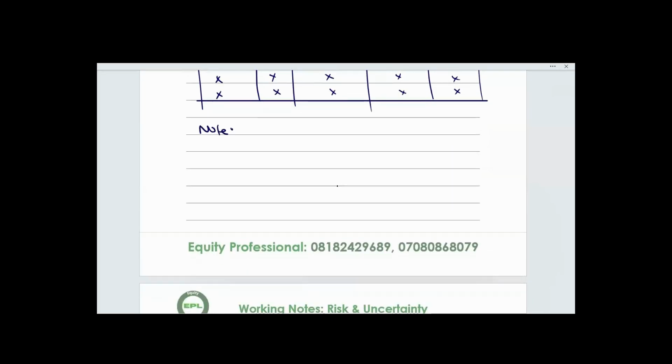Note: the expected NPV using the simulation method cannot produce an optimal solution, because not all cash flows are well represented.